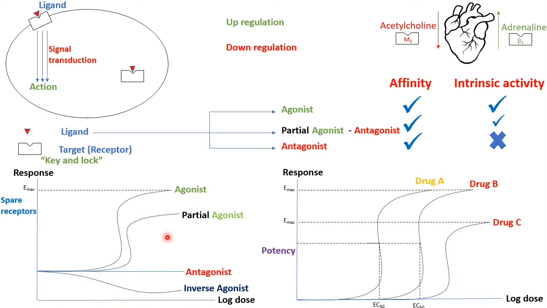They still have receptors that are not occupied, and these receptors are called spare receptors. Spare receptors are receptors on the cells that are not occupied by the agonist, and despite that there is a maximum response in the cell.